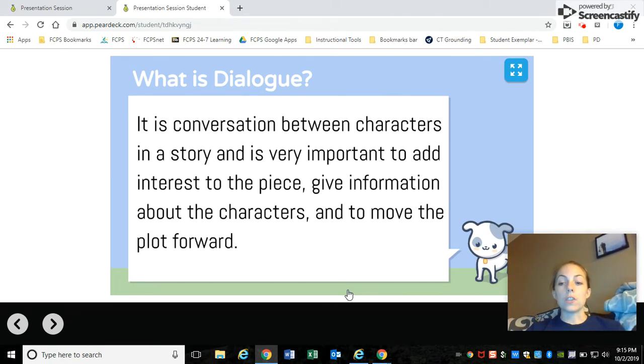So, dialogue is a tool in the actual writing that authors use to make the piece interesting. And what we mean by piece is the story, to show us something about the characters or to reveal parts of the conflict that are either starting it, making it worse, or making it more interesting, or it could even be the climax when it's turning around.